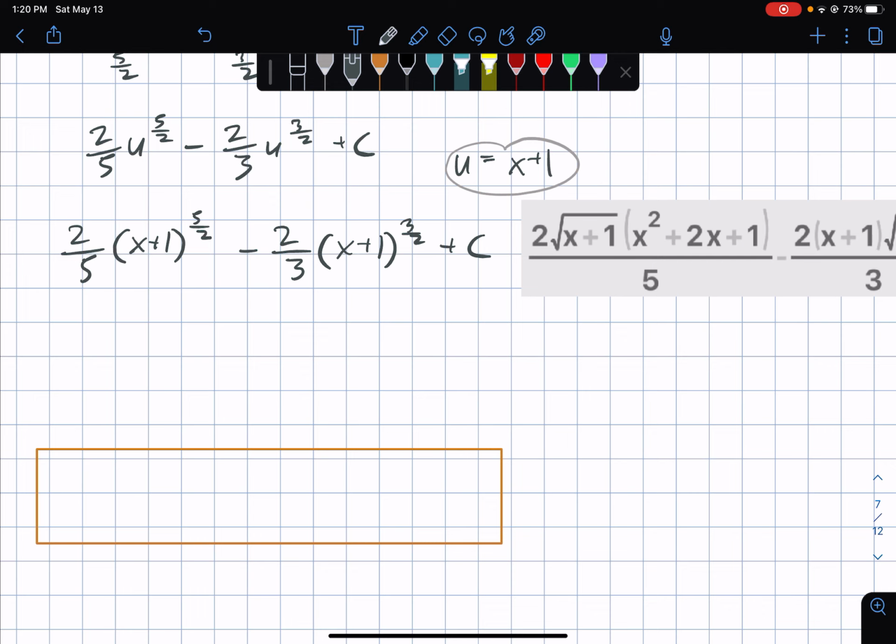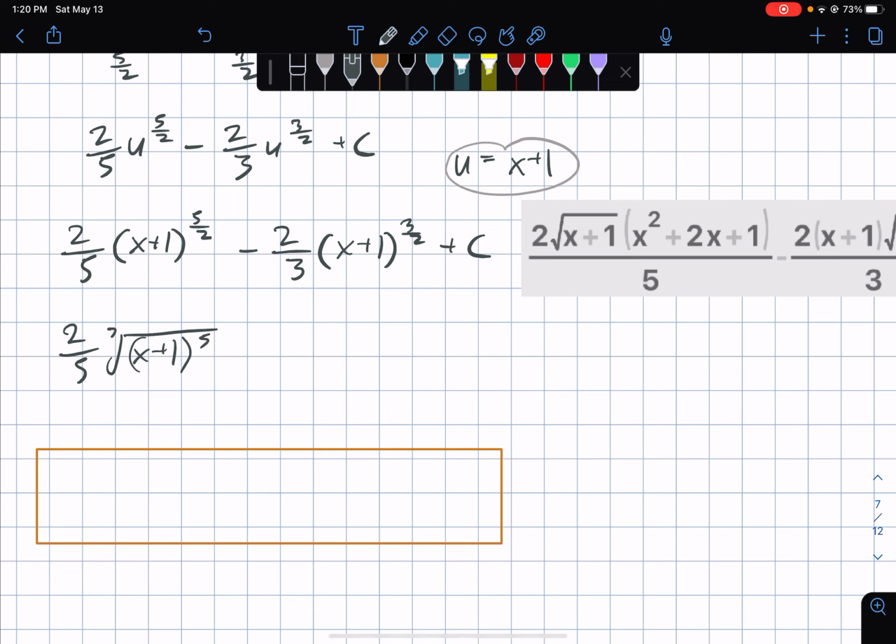So we convert the exponential forms into radical sign again. That's gonna be, no, there you go. I know.